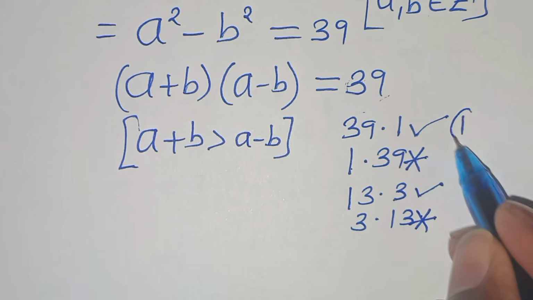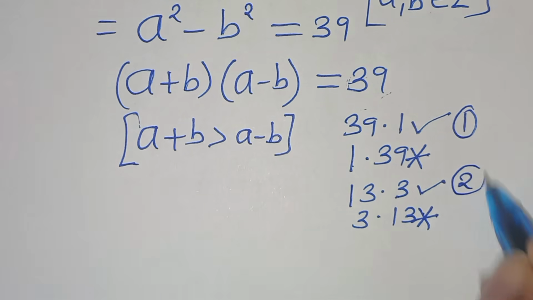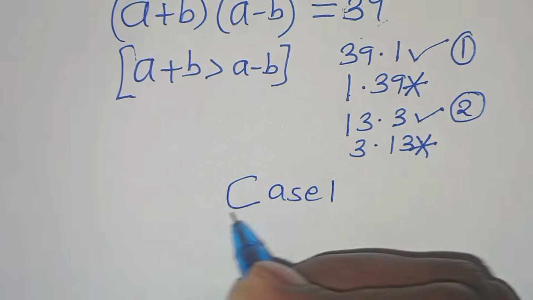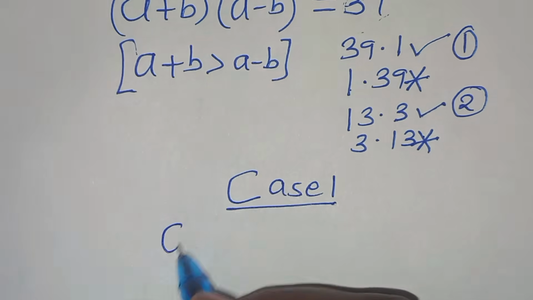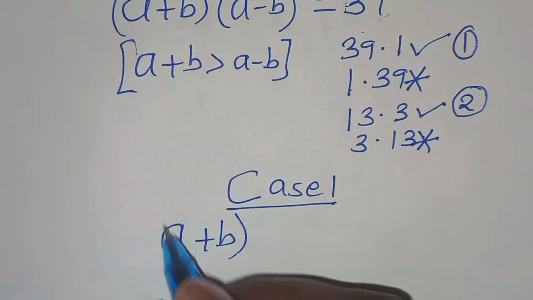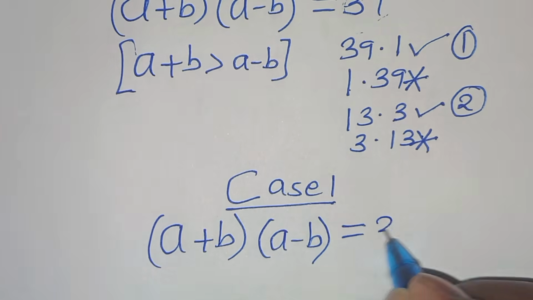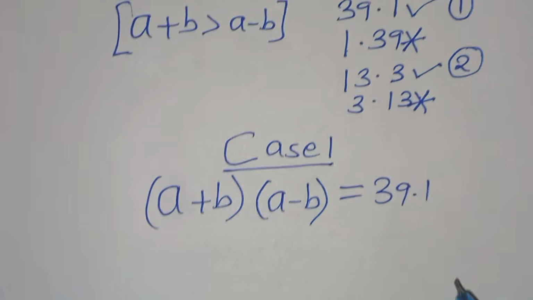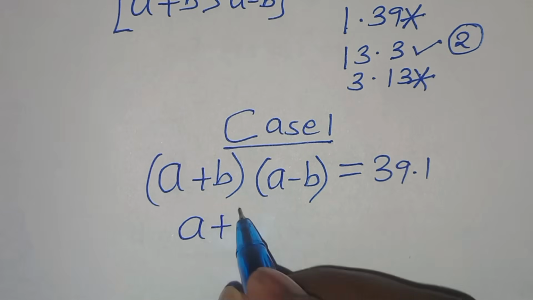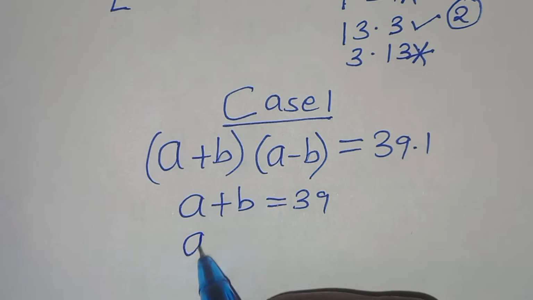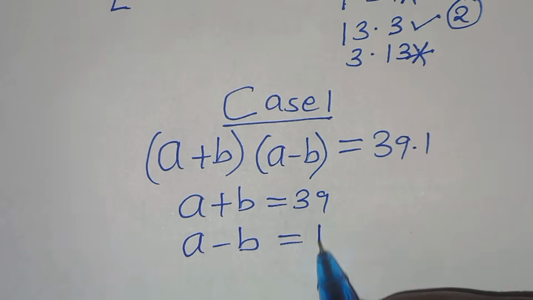So we have case 1 here and we have case 2. So let's commence with case 1. This means we have a plus b multiplying by a subtract b, which is equal to 39 multiplying by 1. Therefore, we have a plus b equal to 39, and a subtract b equal to 1.